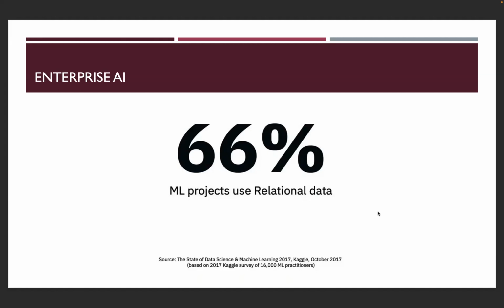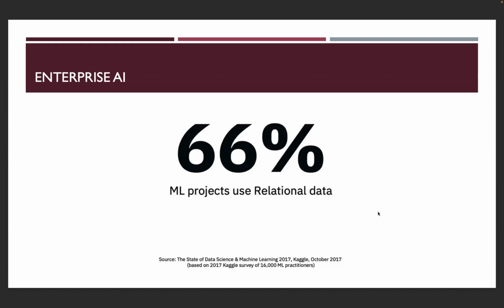This means most of the data is from business organizations. So we have a lot of opportunities to partner, as a database product, with enterprises and their data science teams to work in machine learning environments.